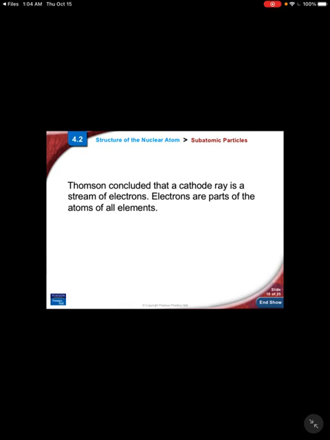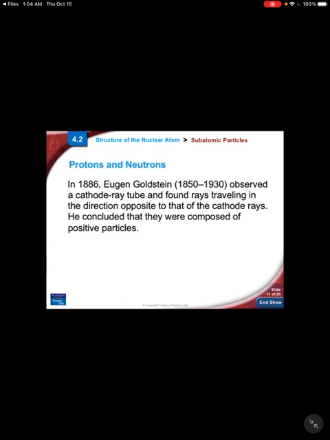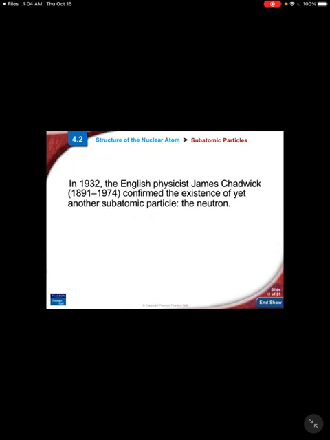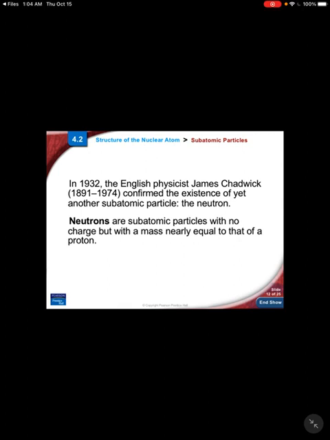Every atom today has electrons in it. There's another particle that is positively charged, called a proton. And there's a third type of particle called the neutron, which is similar in mass to the proton but has no charge.